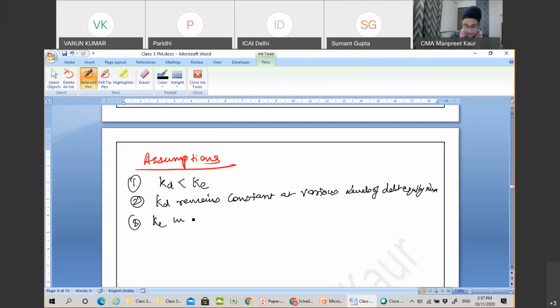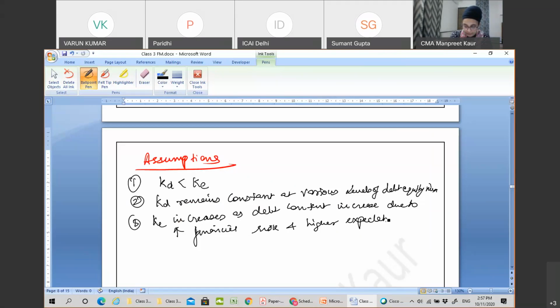KE increases as debt content increases. Why? Due to higher financial risks and higher expectation of equity investors.